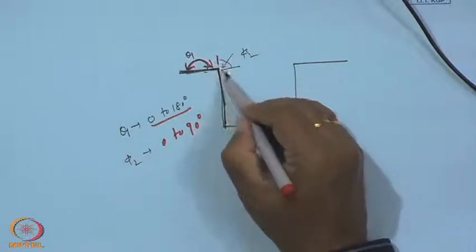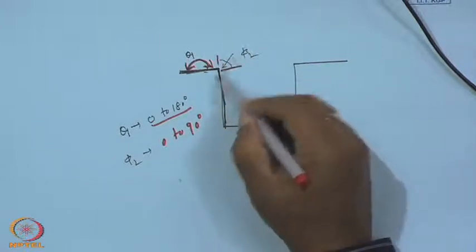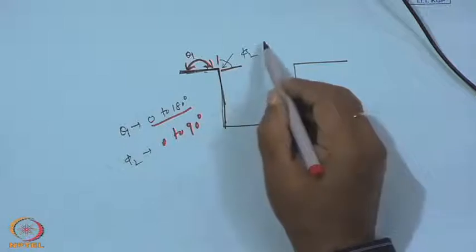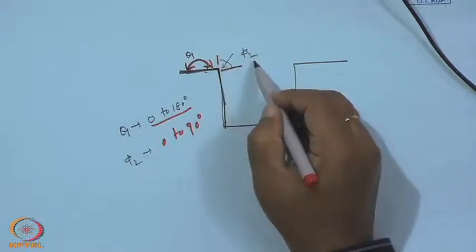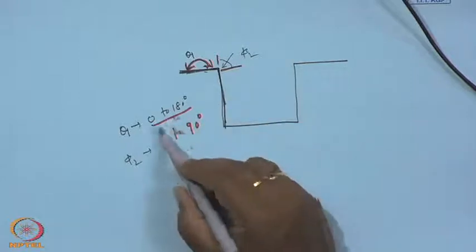On the vertical surface, the thickness is restricted because the reactant molecules arrive at an angle phi 2, which is less than phi 1.